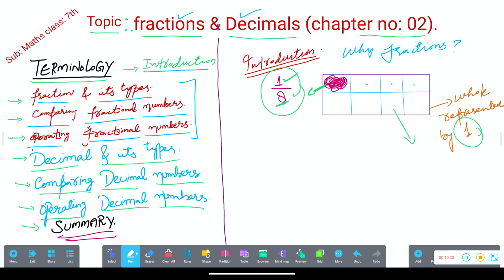So this number here is a fractional number. Now, a fractional number, we came to know, is something of the form a by b, but provided, remember, b can never be equal to 0. Why? We will come to that answer.